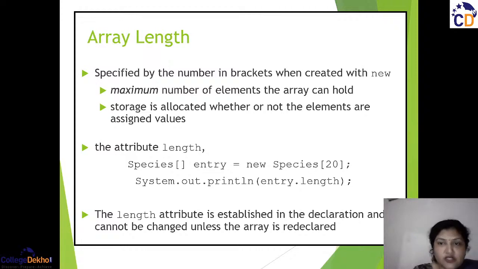If you want to change it, you may redefine it in the next statement. If you want to have 10 only, or if you want to increase it, you may increase it also. If you want to decrease it, you may decrease it also. So basically at that time it is going to work, right?